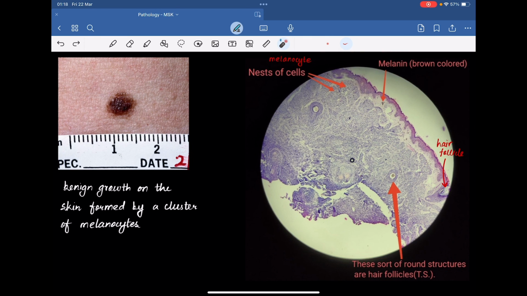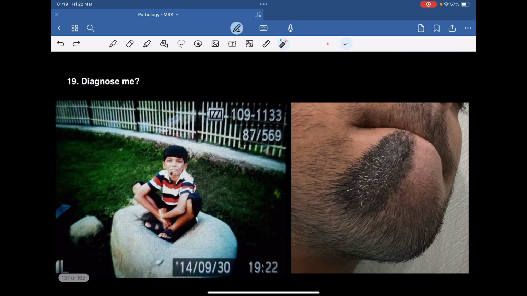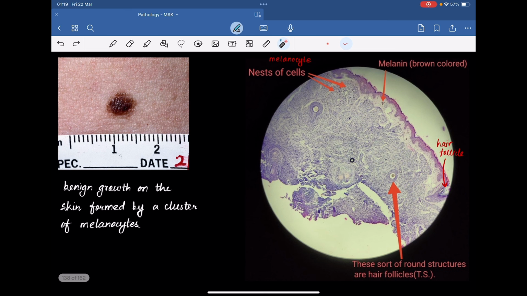Here's the microscopy. Under microscopy, you can see that there are lots of melanocytes in the dermis and even in epidermis. They are arranged in clusters and we call these clusters nests. So there are nests of melanocytes. You can even find melanin, which is the brown colored pigment produced by melanocytes, which gives the patch on my chin its color.